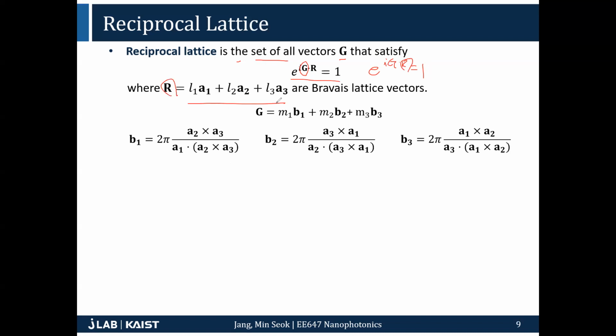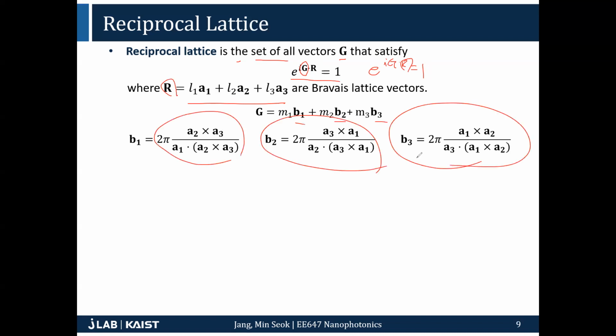So you can actually find the closed form of G, the reciprocal lattice primitive vector. Primitive vectors of the reciprocal lattice B1, B2, B3 can be obtained by using the following equation.